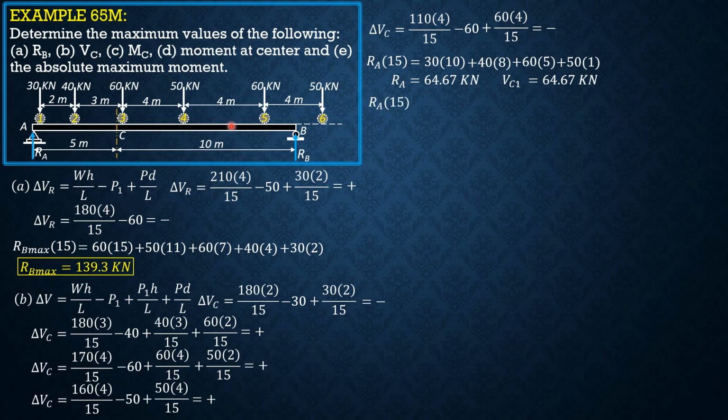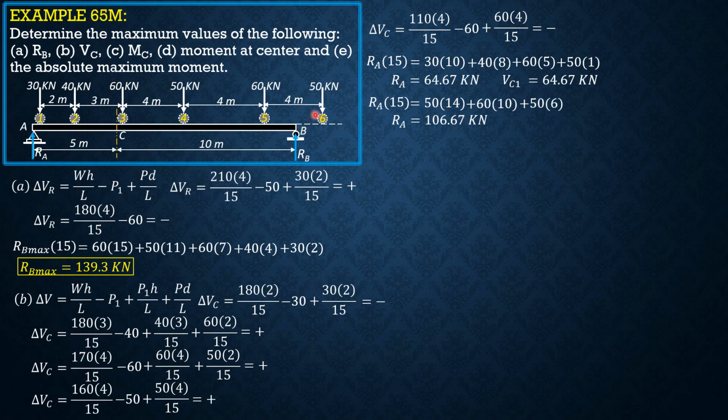So when load 5 is over C, RA times 15, summation moment B equals 0. So take note, load 5 is over C. The 50 kilonewton load is here. It is 4 plus 10, so 14 meters from B. So plus 50 times 14 equals 50 times 14 plus 60 because load 5 is over C, 60 times 10. And 50 is 10 minus 4, 6 meters from B. So plus 50 times 6.